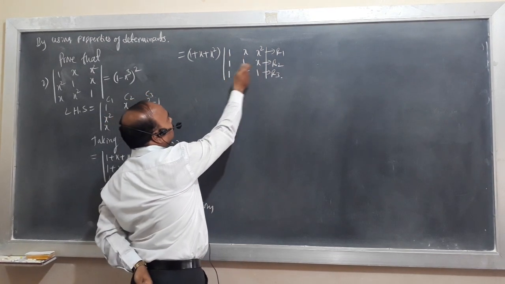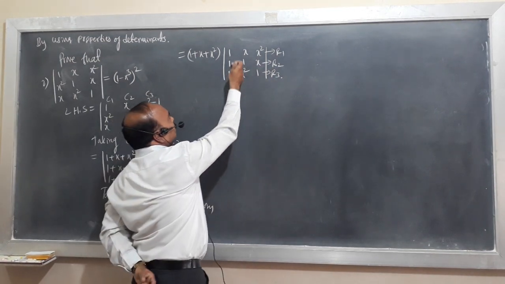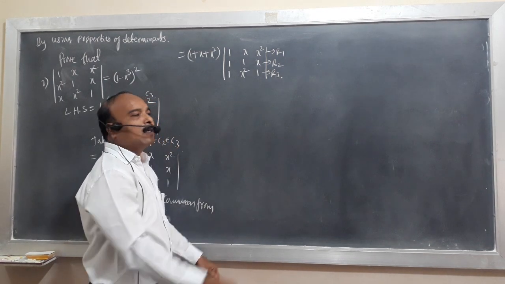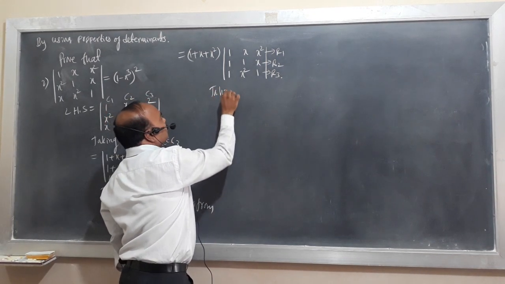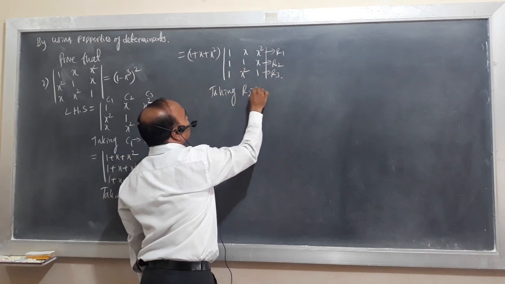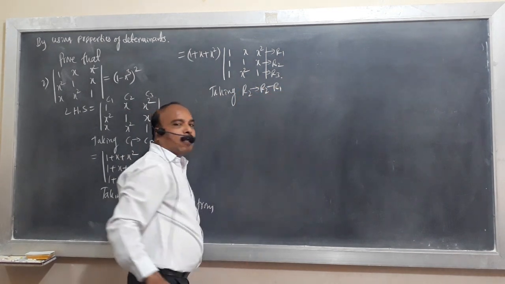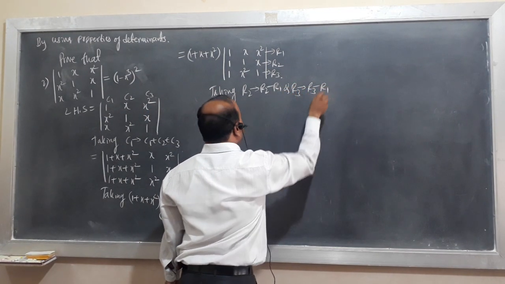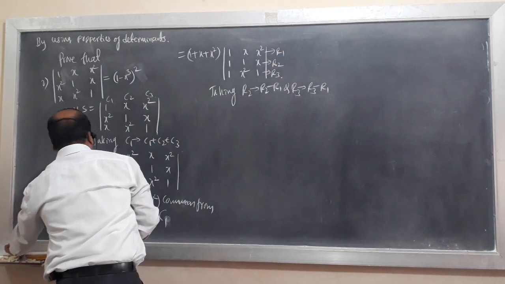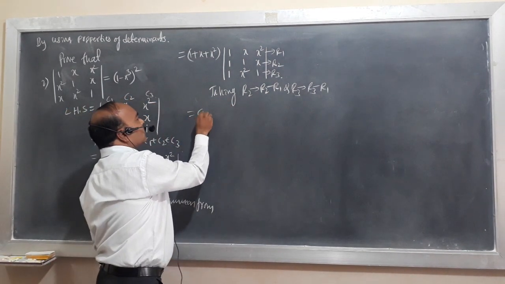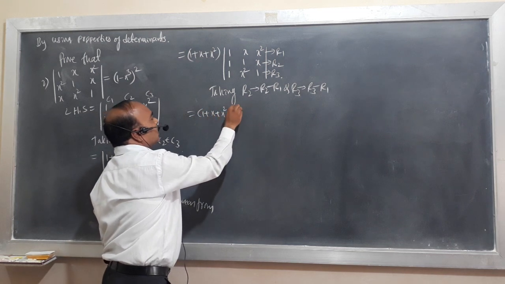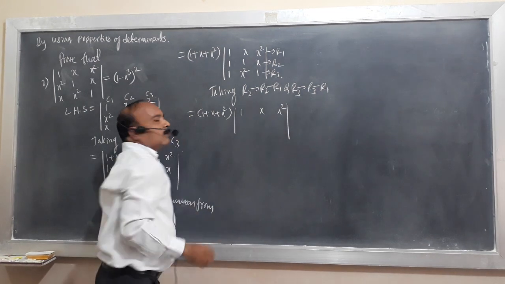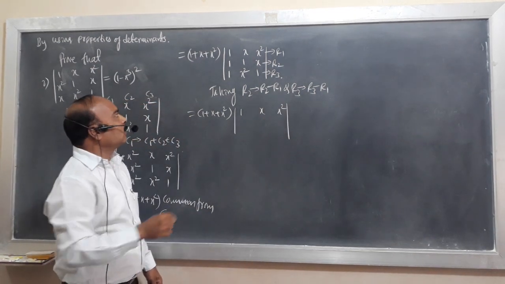Now we change R2 and R3 like that, R2 minus R1 and R3 minus R1, because we are getting two zeros. I write taking R2 as R2 minus R1 and R3 as R3 minus R1. Now R1 is kept constant, 1 plus x plus x square as it is. The first row 1 x x square is as it is, because we are changing only the second and third rows.